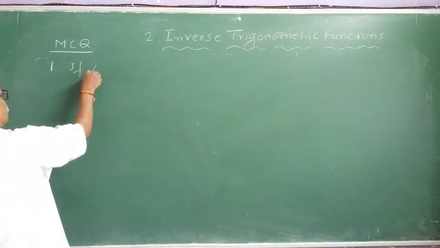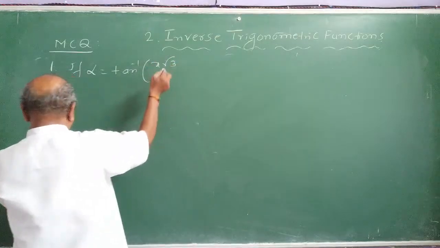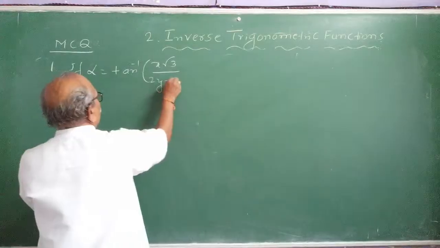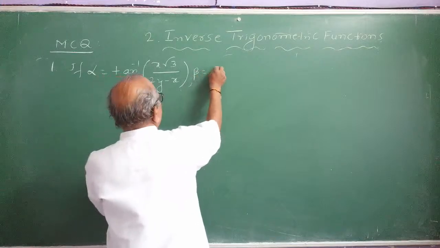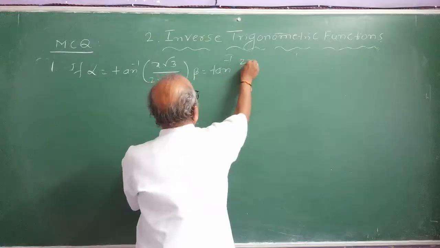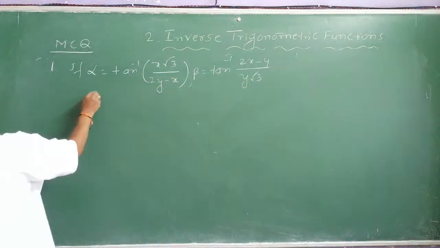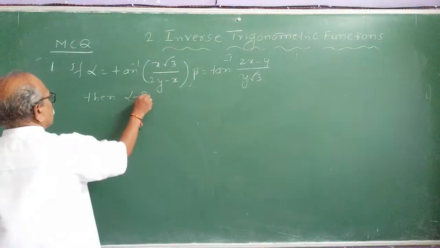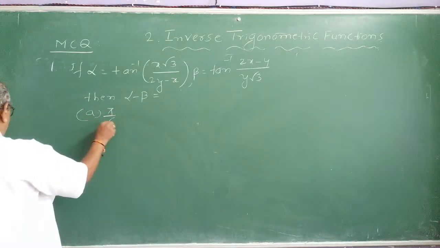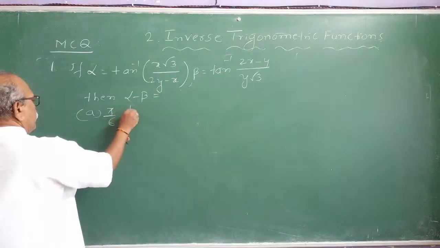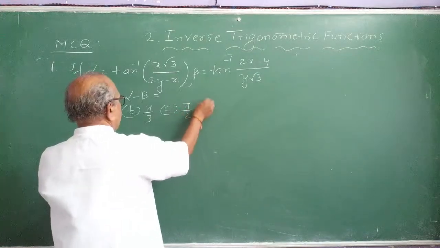If alpha is equal to tan inverse x root 3 upon 2y minus x, beta is equal to tan inverse 2x minus y upon y root 3, then alpha minus beta is equal to, the options will be A pi by 6, B pi by 3, C pi by 2 and D minus pi by 3.